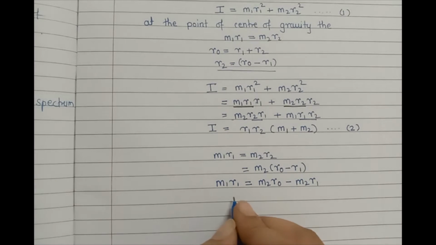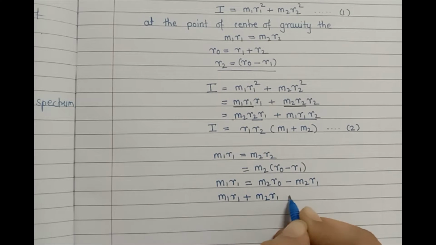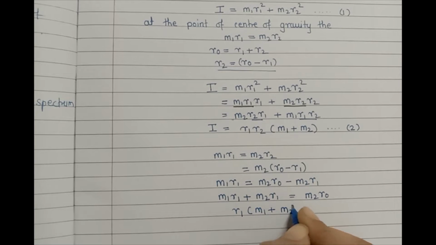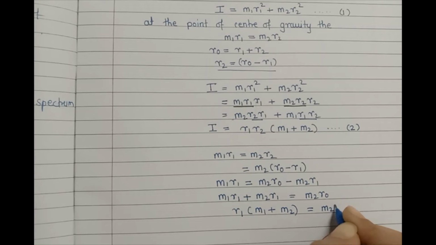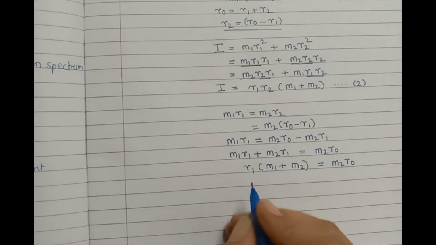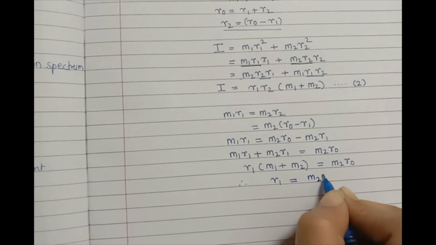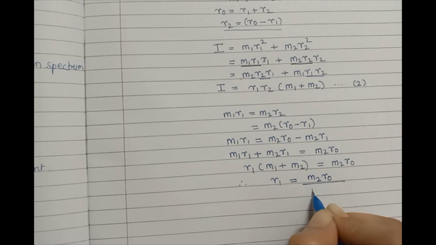Now taking the R1 terms to one side, that is M1 R1 plus, this minus will become plus, M2 R1, which is equal to M2 R0. Now taking R1 common, what remains in the bracket is M1 plus M2, which is equal to M2 R0. So therefore R1 is equal to M2 R0 upon M1 plus M2.